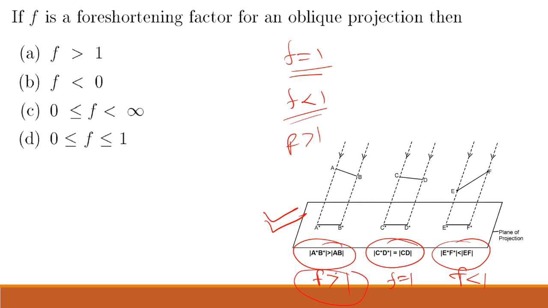Here the foreshortening factor can be more than 1, so what is the upper bound, how far can that value go? That can be very big, okay. There is no restriction, okay. So therefore you can see, since all these cases hold, option C will be the correct option.